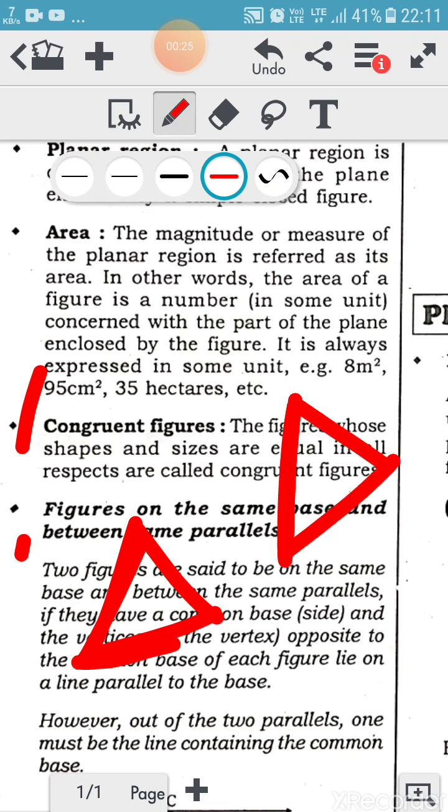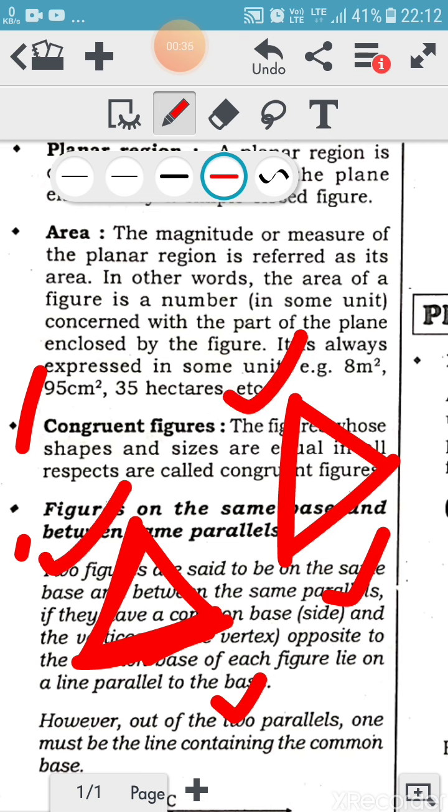If this triangle and this triangle have same shapes and sizes, then we can call this figure and this figure congruent. Congruent means shapes and sizes equal in all aspects, that is they have same shapes and sizes. I hope you understand it.